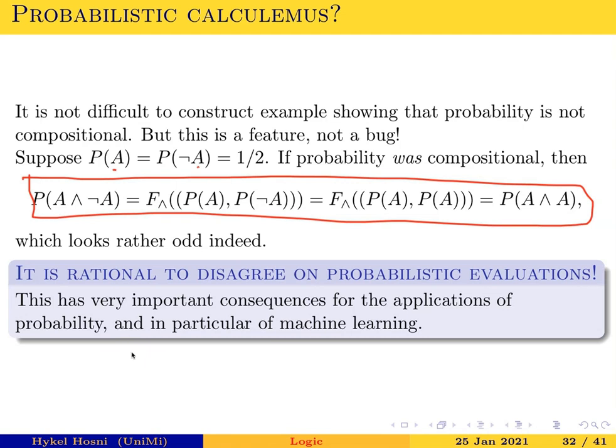And to many accounts, the fact that probability is not compositional, so that the probability of a compound sentence or event is not uniquely determined, is actually a good feature, right?